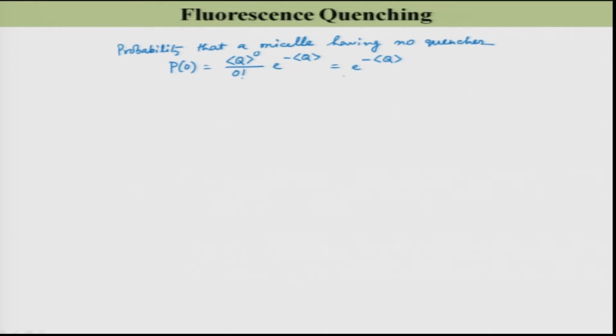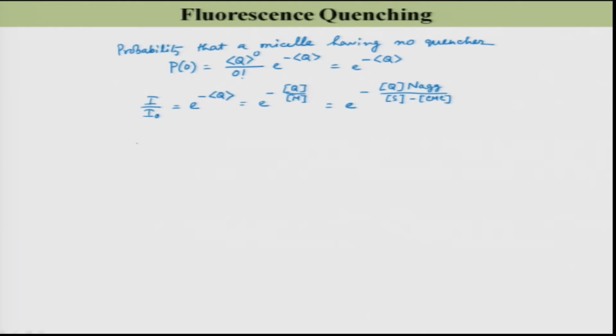This means I by I 0 is equal to e to the power minus average q, which is equal to e to the power minus q by M, which is equal to e to the power minus q n aggregation divided by s minus the CMC value, whatever it is.